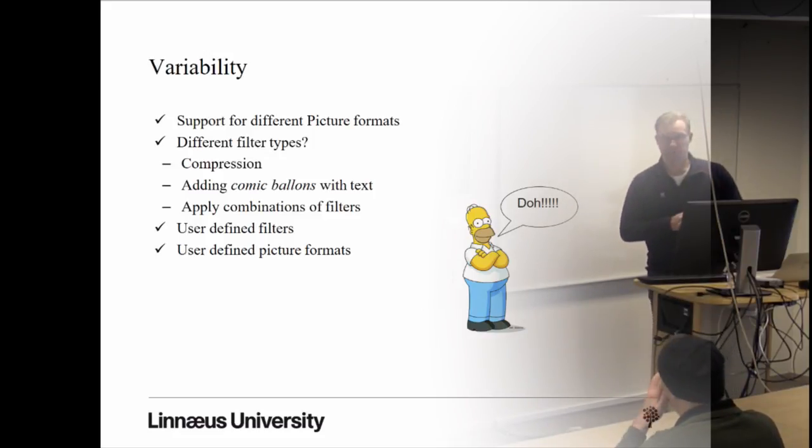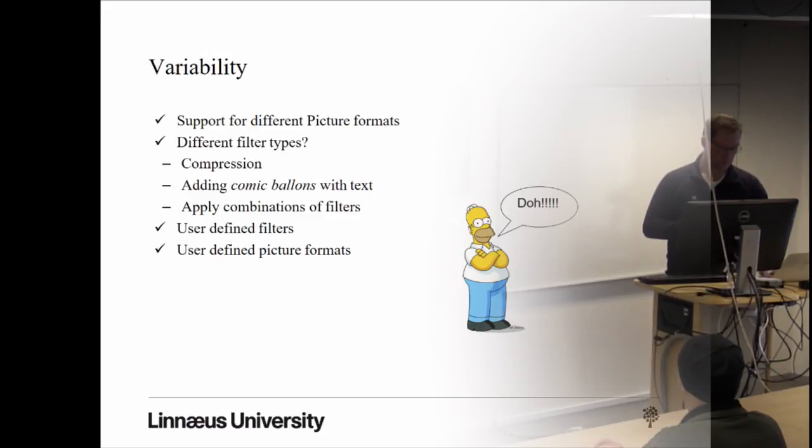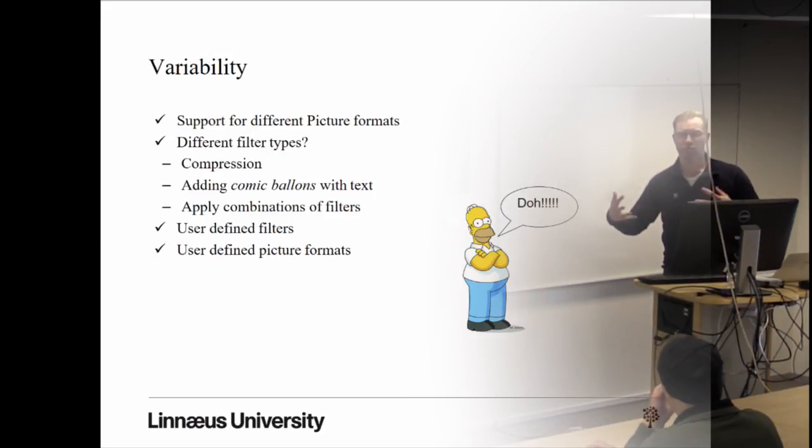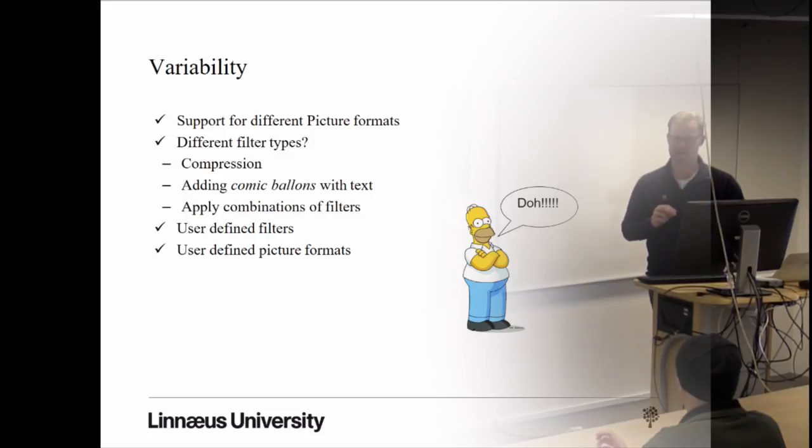Different types of filters. Sure, why not? Because remember the mass customization? Mass customization meant that we had customers with very specific needs. And if we don't meet their specific needs, they are not our customers.